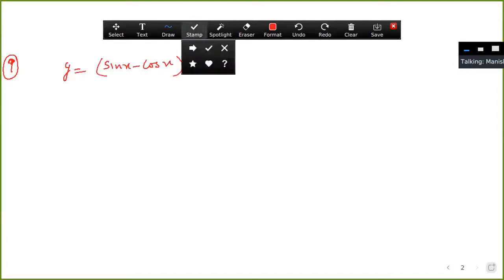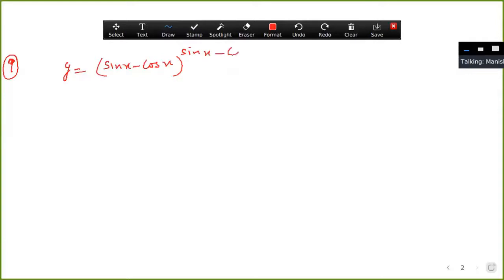Question number 9. Write down the statement of the question. Question number 9 is: y is equal to (sin x minus cos x) whole power (sin x minus cos x).